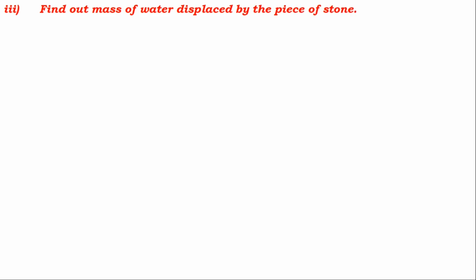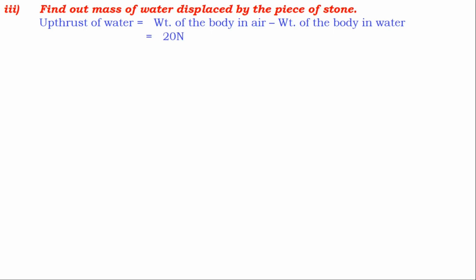Okay, let's go to another third question. Find out the mass of water displaced by the piece of stone. Upthrust of water is equal to weight of the body in air minus weight of the body in water. And weight of the body in air is given 20 Newton and weight of the body in water is also given 17 Newton. It means 3 Newton is the upthrust of water.